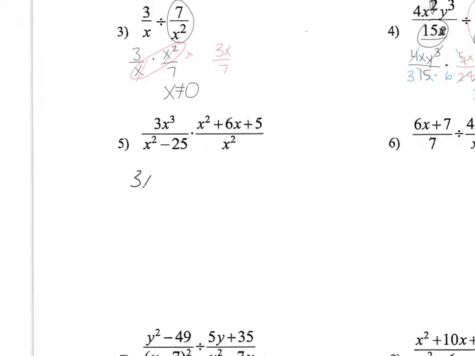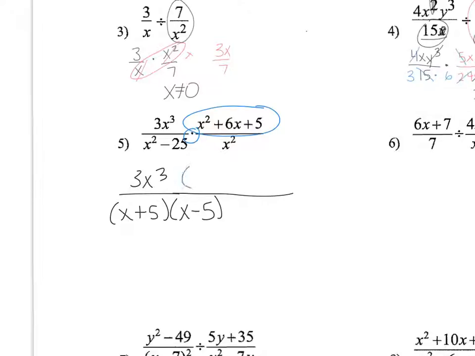So I have 3x cubed. I'm going to already factor this to be x plus 5, x minus 5. I'm not going to switch it because this is multiplication, but I'm going to factor this and put it all in the same line, x plus 5, x plus 1, and then I have x squared.